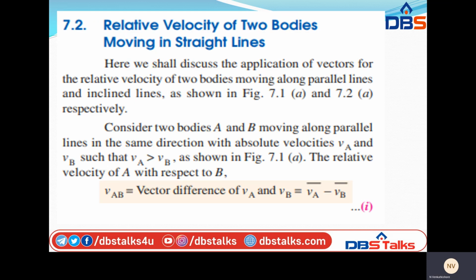Then the relative velocity of A with respect to B is equal to the vector difference of A and B. So VAB is equal to VA minus VB, vectors. Since A has the greater velocity, we subtract the other from it: VA vector minus VB vector.